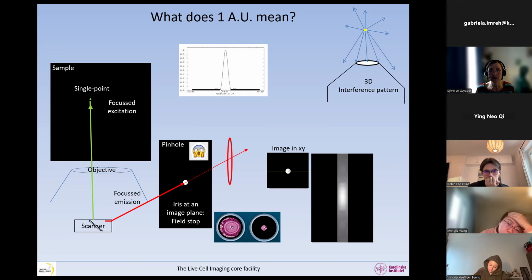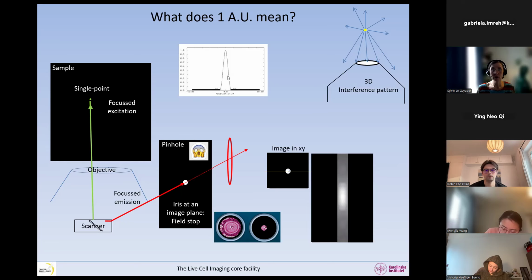The Airy unit is basically the size of the pinhole, how open or closed it is. 1 Airy unit just means the diameter of the first dark ring when we look at these complex rings. So the diameter of the main blob is 1 Airy unit, regardless of the wavelength. This is what 1 Airy unit means: you're rejecting the rings, but you're keeping the main blob.